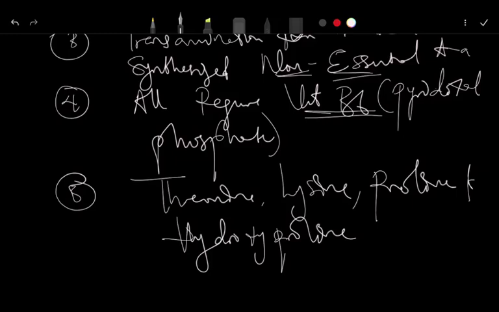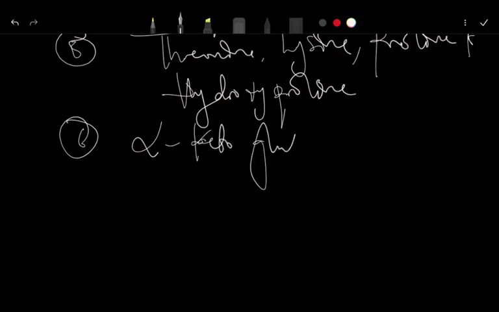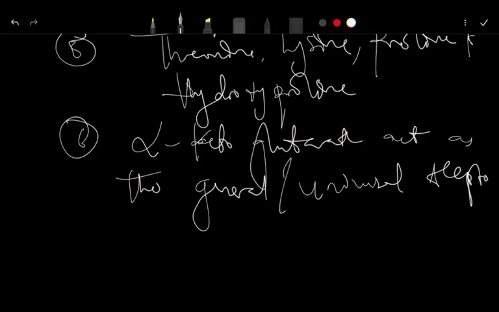There's one I'm missing. Alpha ketoglutarate acts as the general or universal acceptor of the amine group.